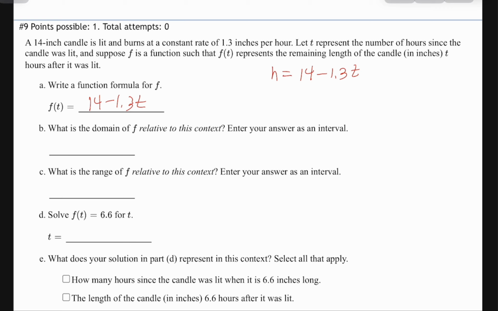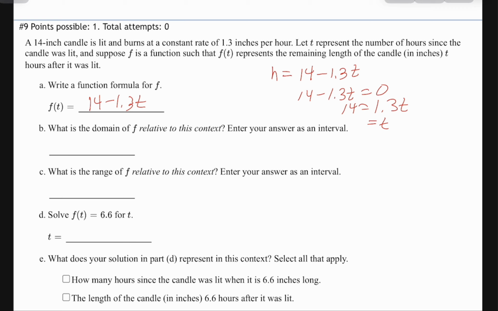In this context, domain, how much time does it take before our height is nothing? Well, take your 14 minus 1.3 t and look at when is it going to hit the height of nothing? When's it going to hit a height of 0? So that's going to give us our domain values we want. So if you solve that, you get 14 equals 1.3 t, or how many times does 1.3 go into 14?